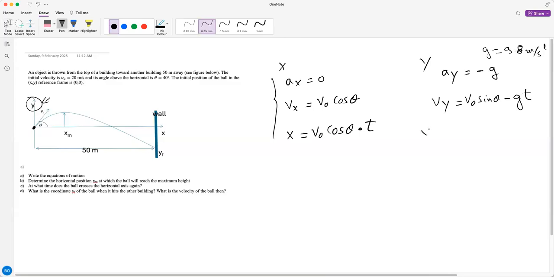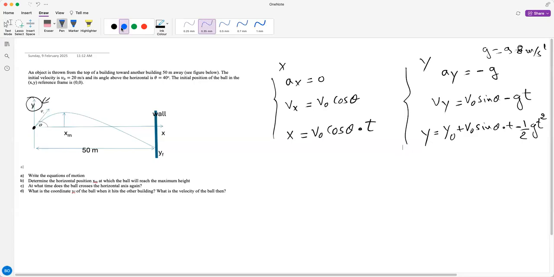And then we can also get the y position of the object, which is the integral of the velocity along y. If there is any initial position, we start with it, and then plus the integral of this term, v0 sine theta, and then minus 1/2 gt squared. These are the equations of motion along the y-axis.